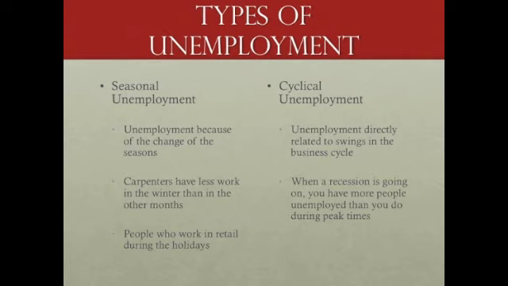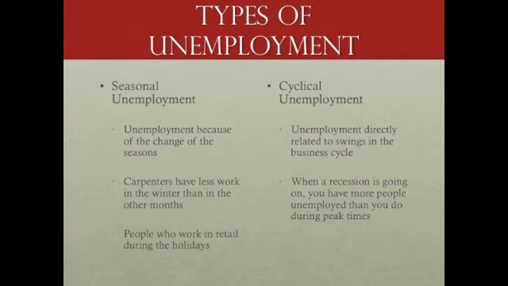The next type of unemployment is called seasonal unemployment. This will probably be the most familiar to most of y'all because some of y'all have experienced seasonal unemployment before. Seasonal unemployment is unemployment because of the change of the seasons. For example, carpenters have less work in the winter than they do in other months. We talked about in class today several examples.